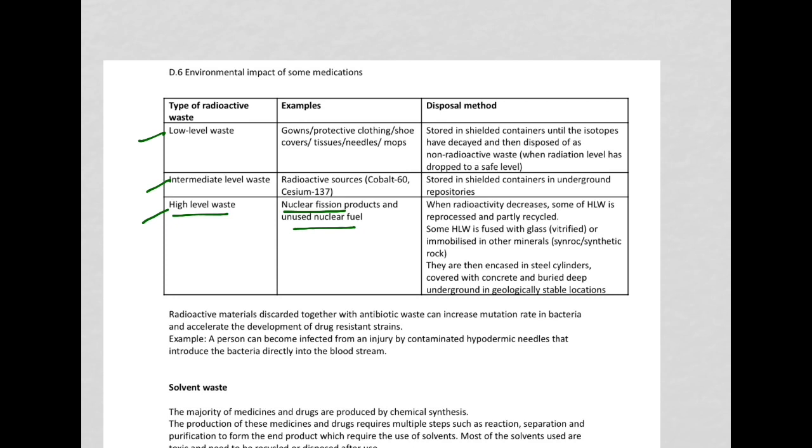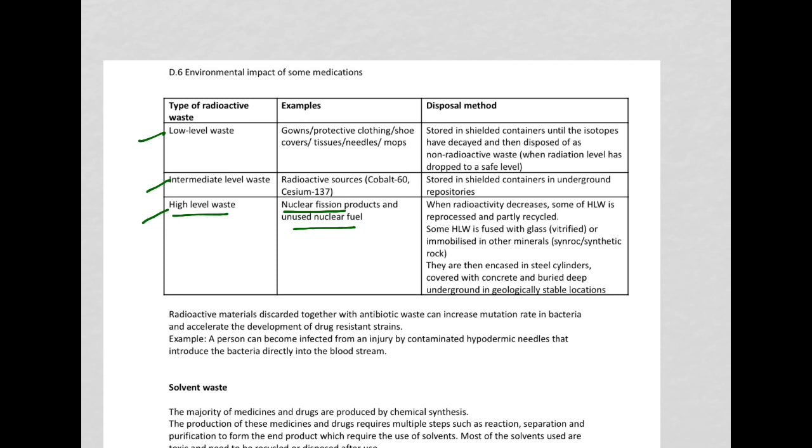For example, if you want medical imaging of bones, or to detect the presence of tumors, or to find risk of heart attack, normally patients are given radioactive isotopes that they ingest or that they are injected with.